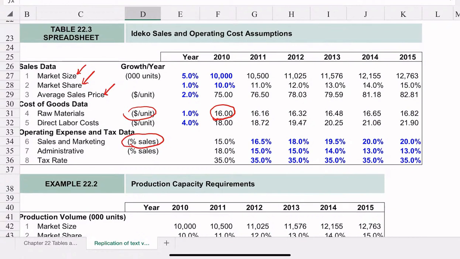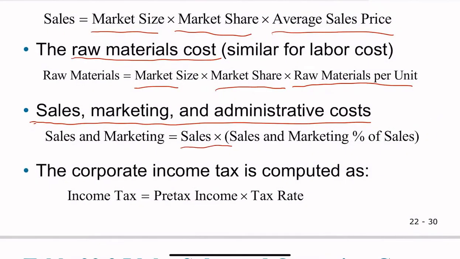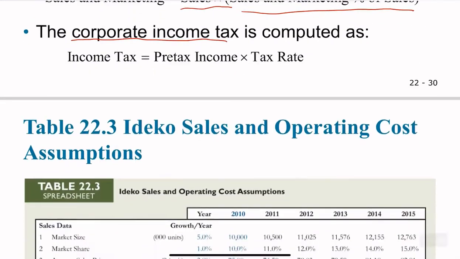So you will just use the sales number times the percentage given, right? So you can see that it's sales times the percentage. And you will also think about corporate tax, which is pretty easy. That is income tax equals pre-tax income times tax rate.